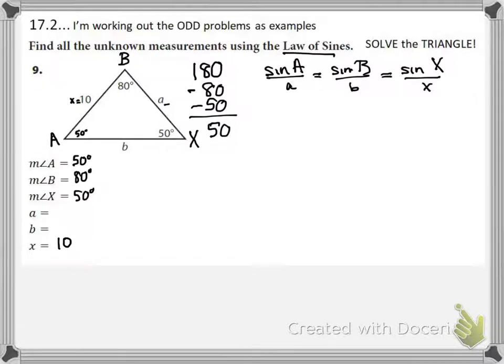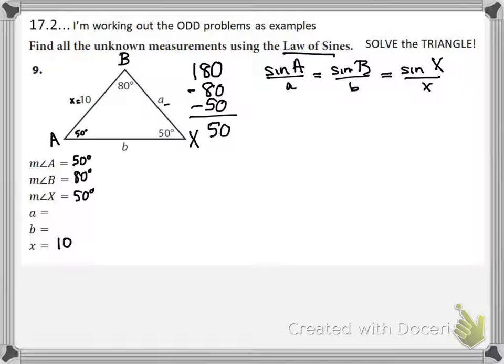You really can't work with all 3 fractions. You just work with whichever part you need to work with. First thing I always look for is, I know I'm only going to be able to use law of sines if somewhere I can find an angle and a side that are opposite from each other and both have numbers. I don't know both capital A and lowercase a because I don't know the angle.